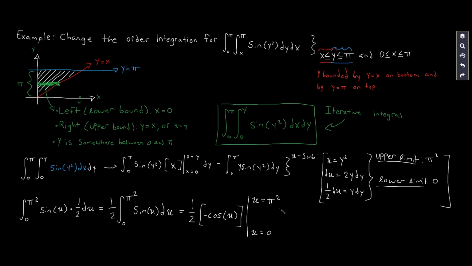So this is going to be 1/2 times negative cosine of pi squared plus 1, because cosine of 0 is 1, but there's a negative out in front of it.